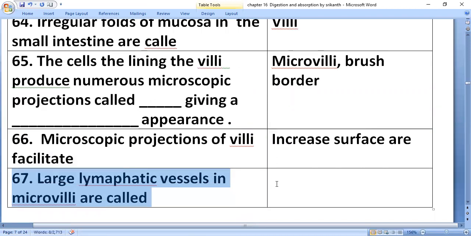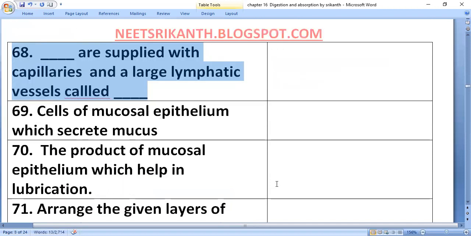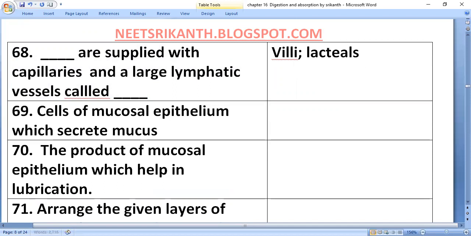Villi are supplied with capillaries and a large lymphatic vessel called lacteal.